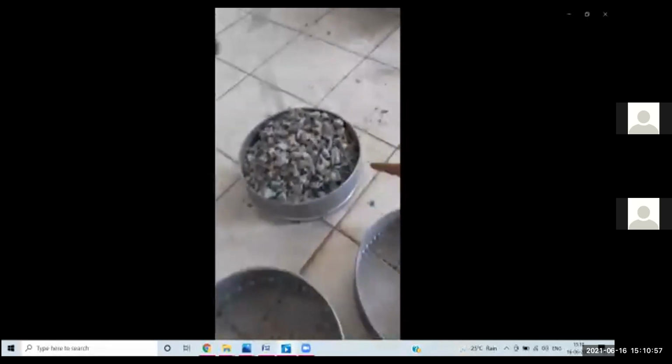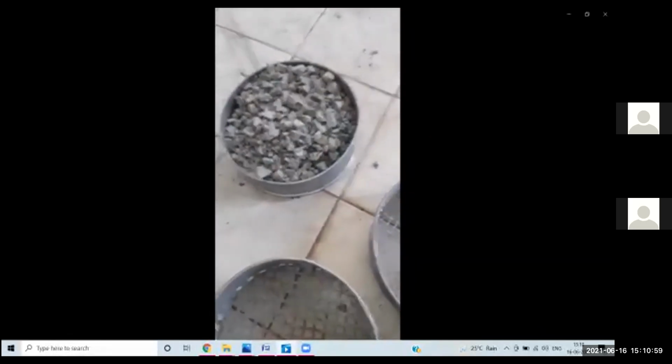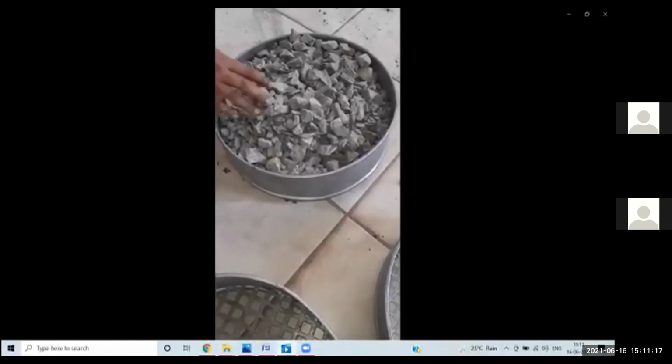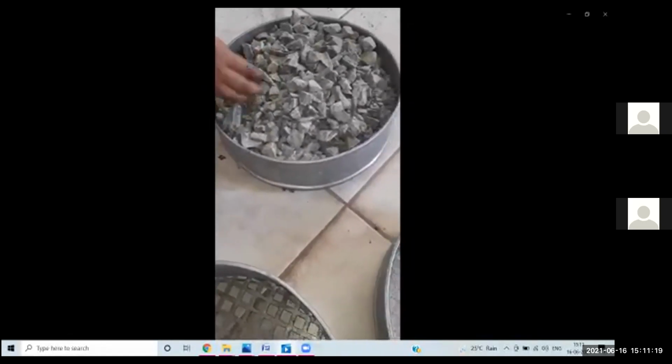And this is our sample. This is the weight machine. Maximum we can weigh 10 kg. This is our dried sample.